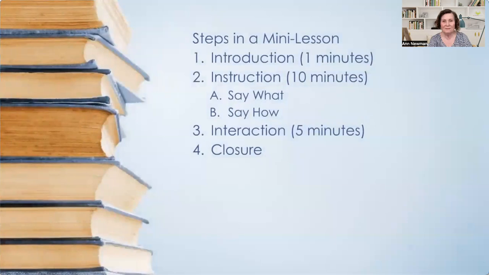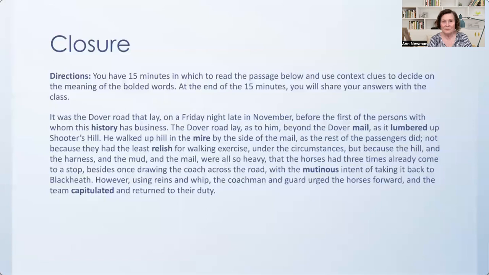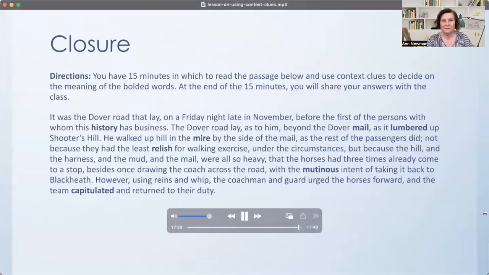So here were our steps that we had. We introduced the lesson, we have been instructed, interaction, and now we're going to go to closure. Okay, you have 15 minutes in which you're going to read this passage below, and you're going to use the context clues in it to decide what these bolded words mean.